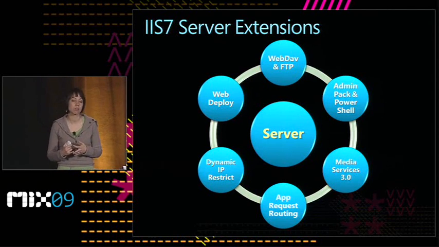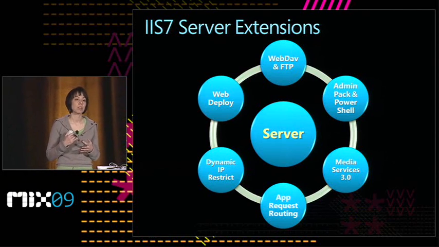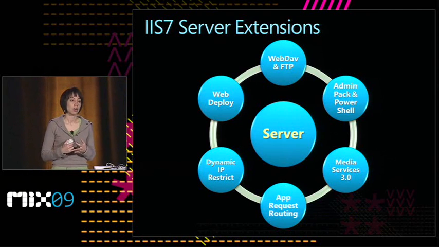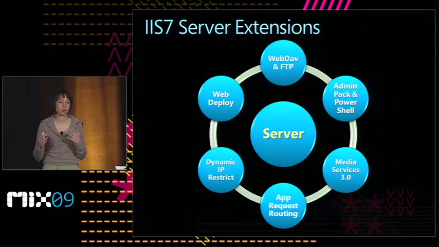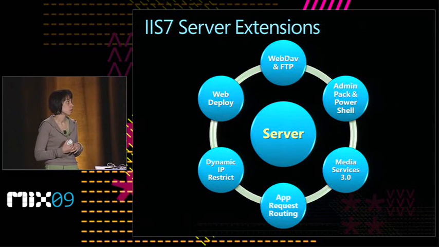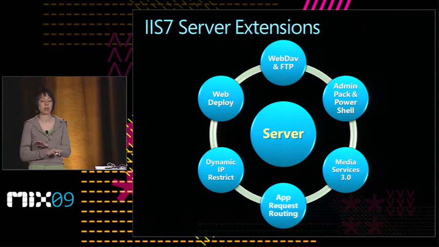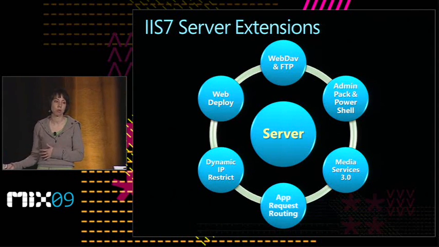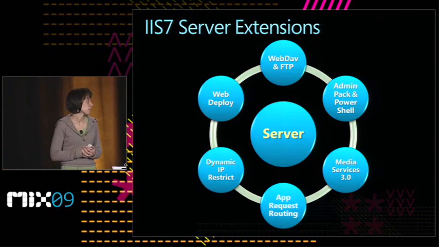So that knowledge of the hierarchical cache is something that we built specifically for CDNs like Akamai to use IIS on the edge as a sort of a Squid compete scenario for us. So application request routing is another major component. Again, all shipped on the web, fully supported by Microsoft for the lifetime of the web server, et cetera.